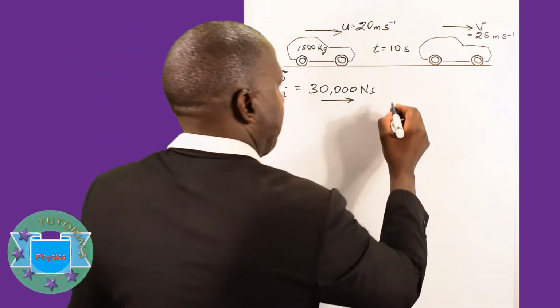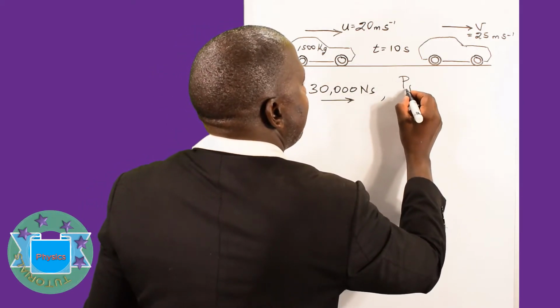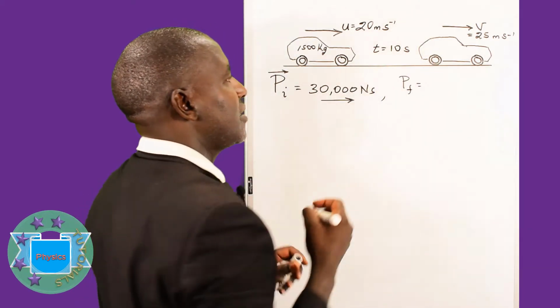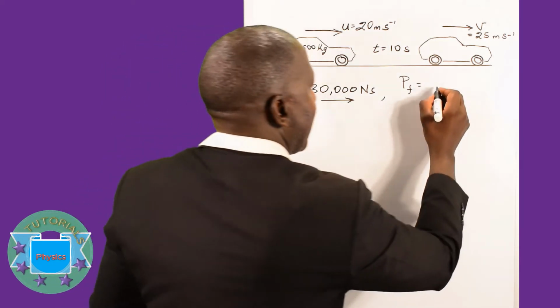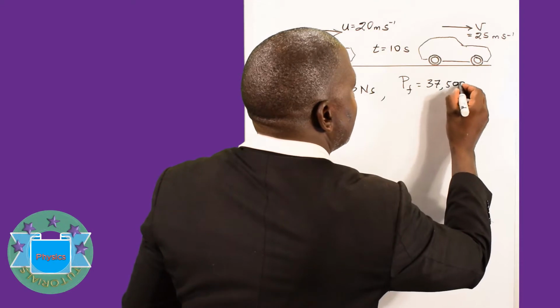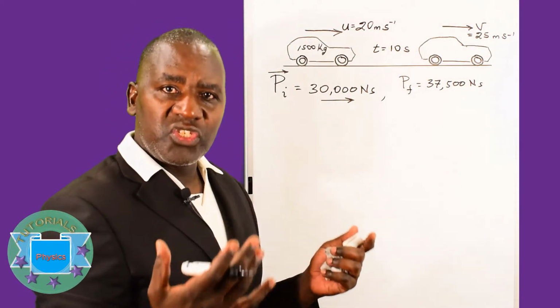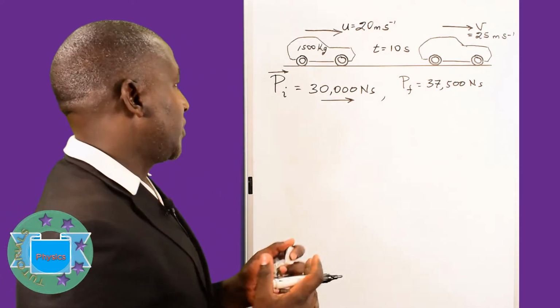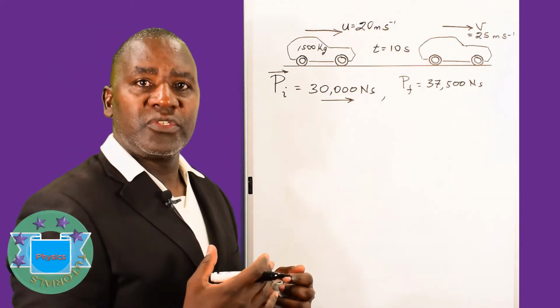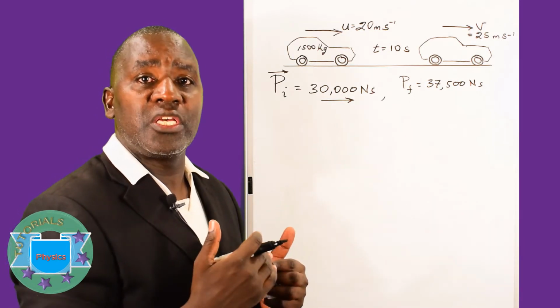There is no problem. Then after a time of 10 seconds, its final momentum becomes, again, 1500 times 25. We are going to get 37,500 Newton seconds. So how much is the change? Of course, you'll tell me it is 7,500 Newton seconds, which is correct. That is a change in momentum.